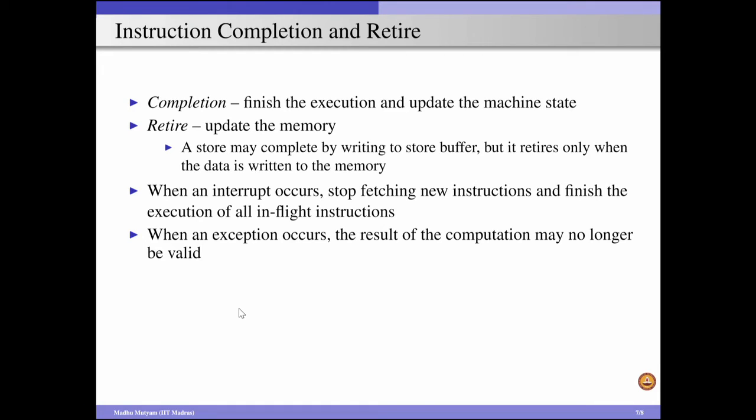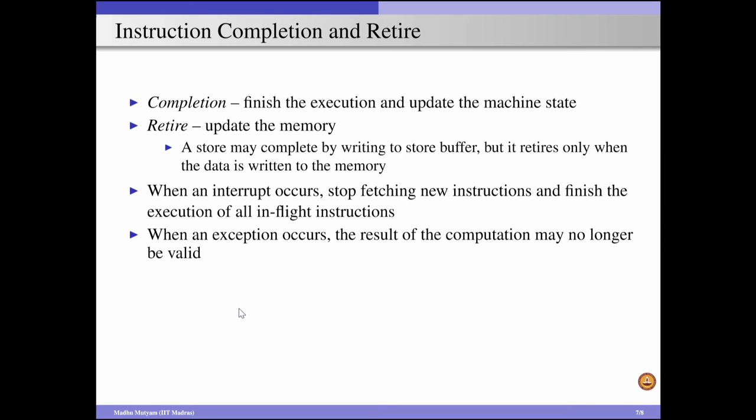So when an exception happens, the result of the computation may no longer be valid. And because we know that in superscalar processors we execute instructions in out of order fashion, a trailing instruction may be executed before the leading instructions, and this trailing instruction may create an exception such as divide by 0.